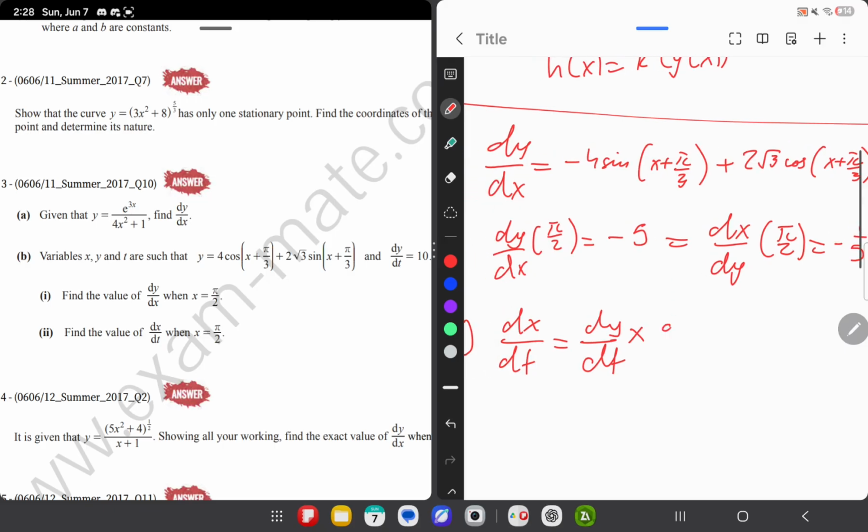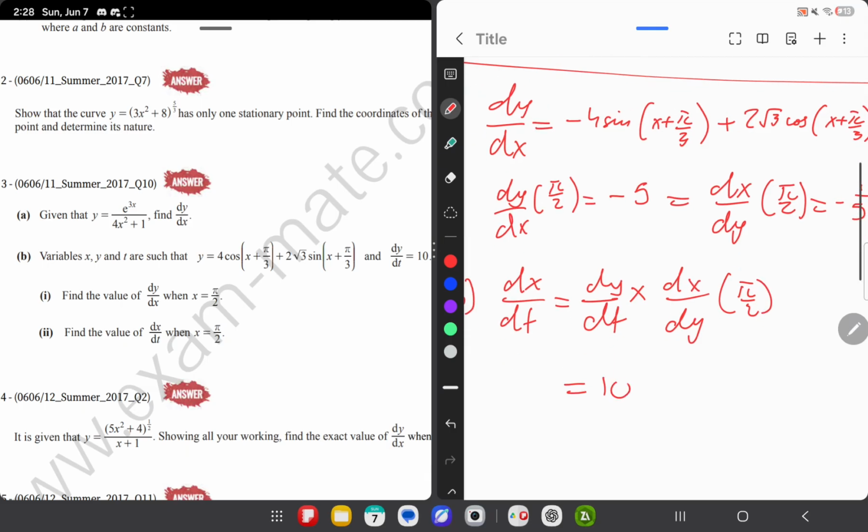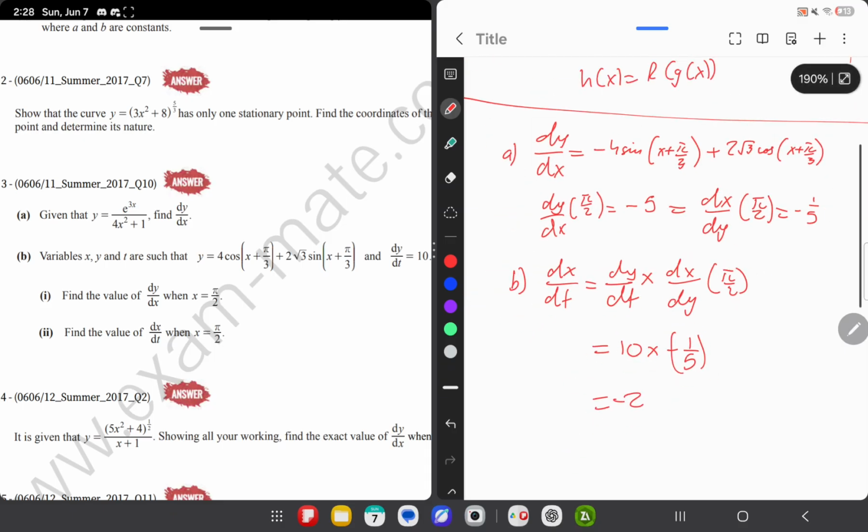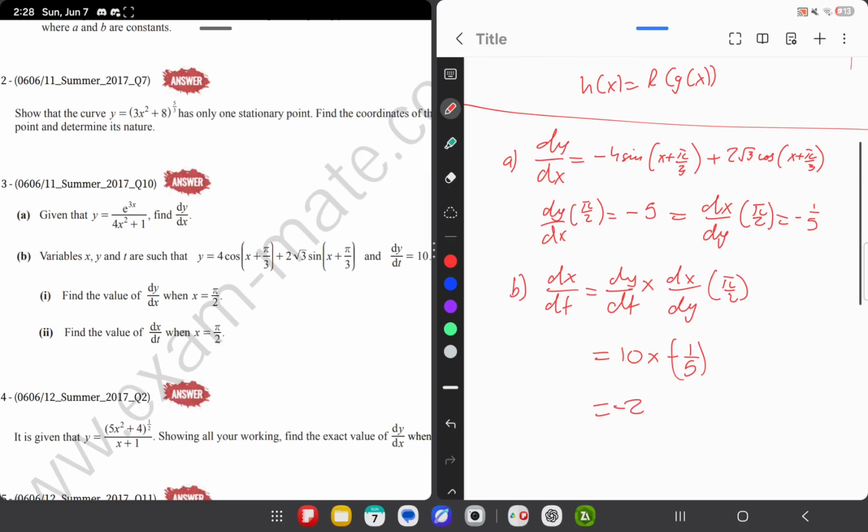So we do dx/dy at pi over 2. This is 10 times -1 over 5, which is -2. dx/dt is equal to -2. This is basically cancelling units on steroids. Like I said, we find the rate of change of y as x is equal to pi over 2.